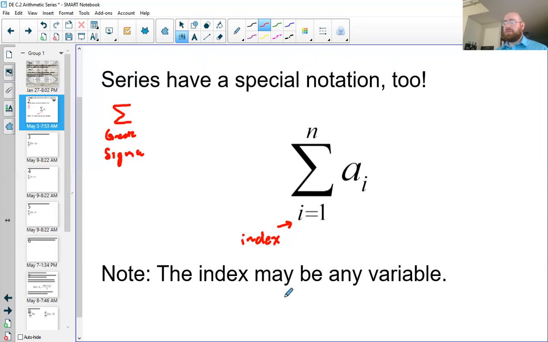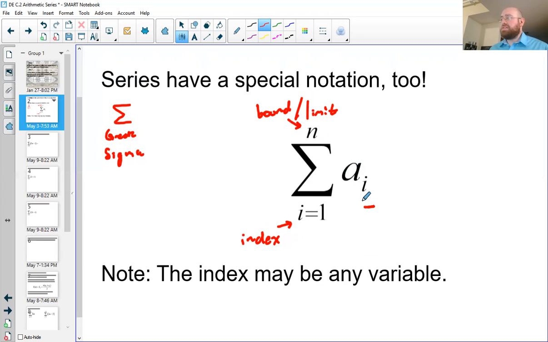Note the index may be any variable. Then we have the bound, sometimes called the upper bound because it's on the top. Occasionally we'll also call this the limit or the upper limit, depending on whom you ask.